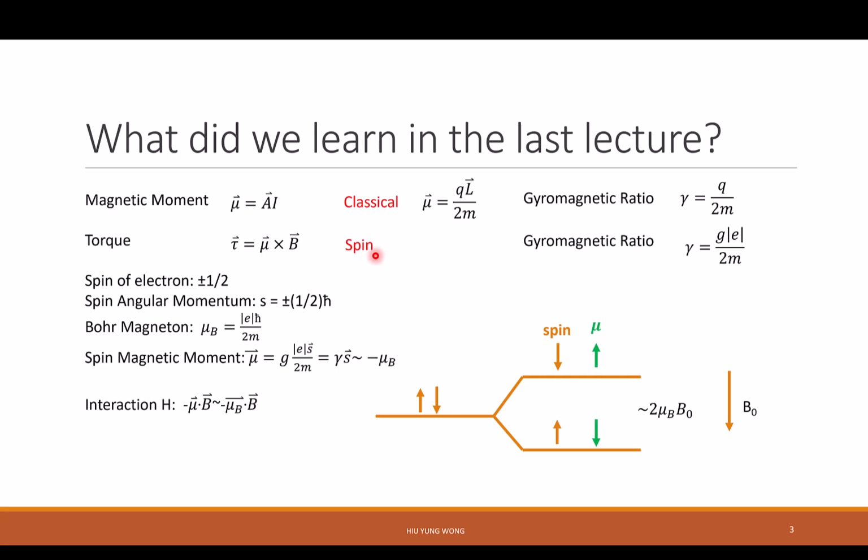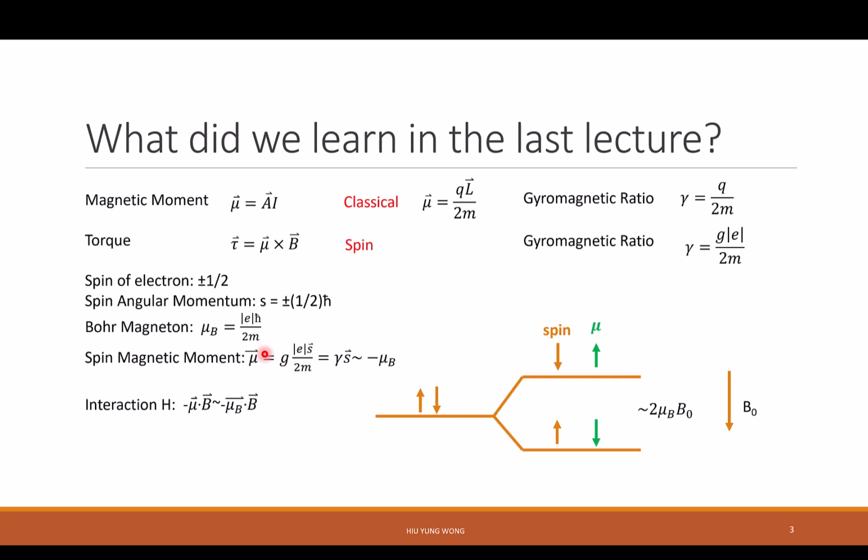But then why do the scientists call it spin? Because somehow this particle also has its corresponding spin angular momentum, which in the electron case, or spin half particle case, is plus minus 1/2 h bar. Now, if you have the angular momentum, based on what we learned from classical electromagnetics, we know that probably it also has something called the magnetic moment, spin magnetic moment.